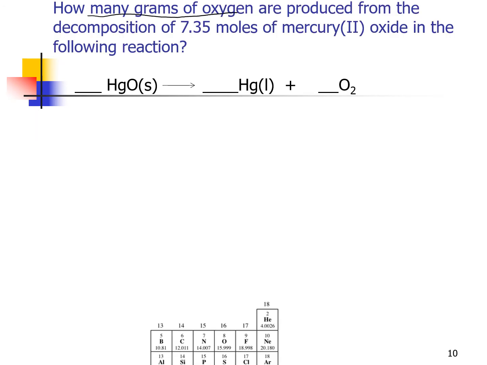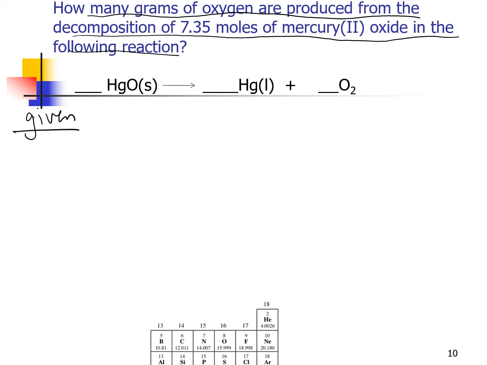How many grams of oxygen are produced from the decomposition of 7.35 moles of mercury(II) oxide in the following reaction? So with our plan, let's start with what's given, which is 7.35 moles HgO, mercury oxide.